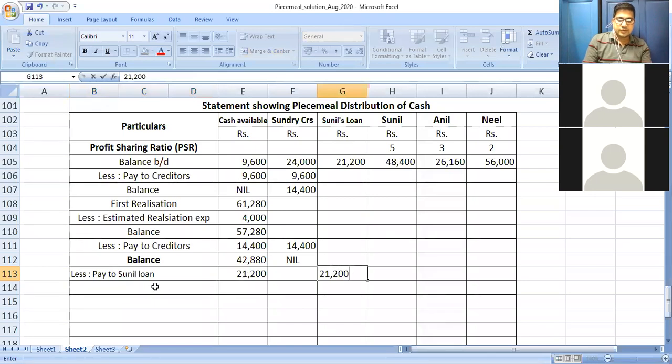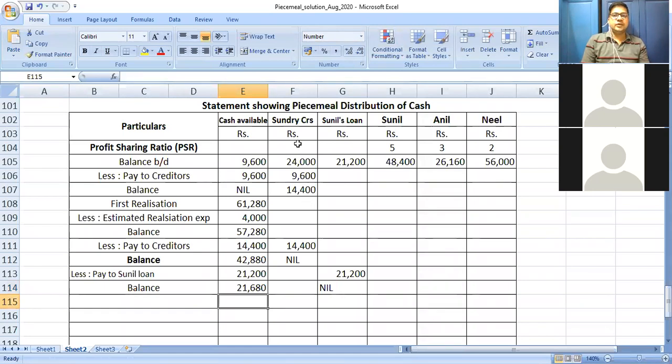Now the Sunil loan becomes nil. How much balance is available? 21,200 we deducted, and we have 21,680 balance available.